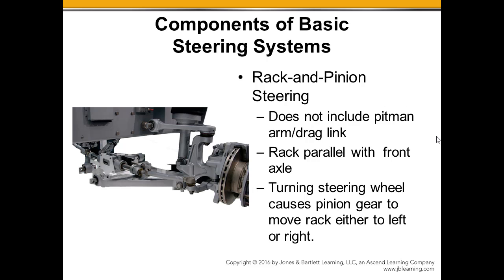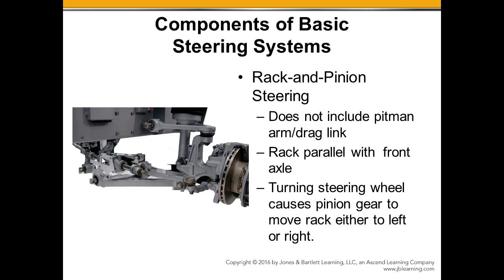Touching real quick on the power rack and pinion steering. So a completely different system here. Looking at our power rack and pinion, we've got the steering shaft from the steering wheel coming all the way down right into the rack and pinion. So we've got a spur gear that will act on the hydraulic rod going through the middle of that rack and pinion, and it's got teeth cut into it so that the spur gear engages those teeth.